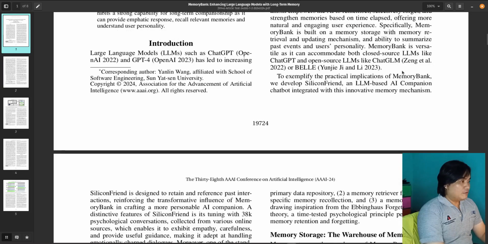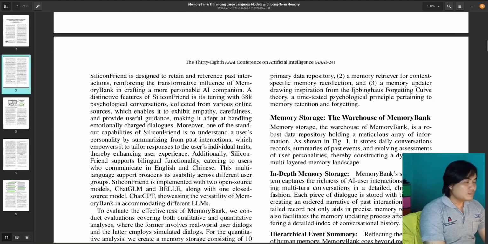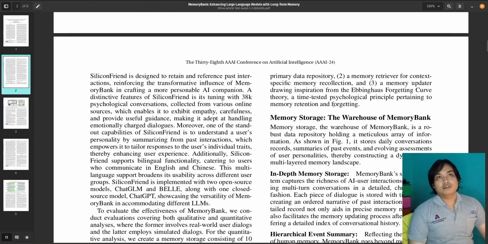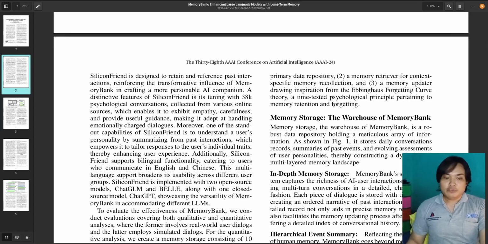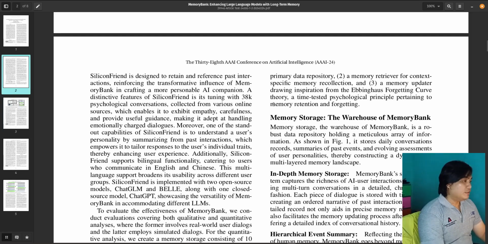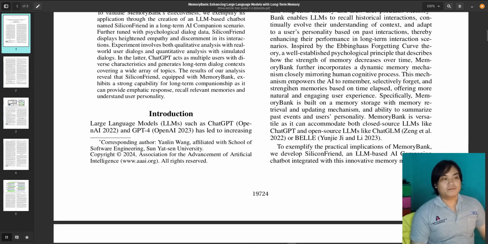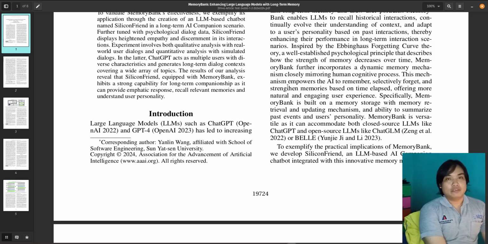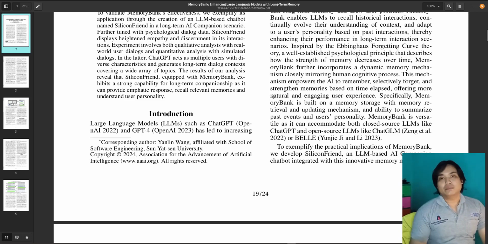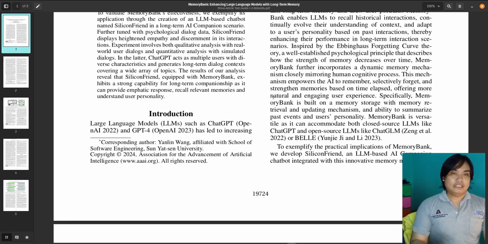In the paper of memory bank, the RAG is used to learn about the user that interacts with the bot. This memory bank will save the history of the chat, the personality of the user, and the events of the chat. For example, there are two people, A and B. They talk about something.